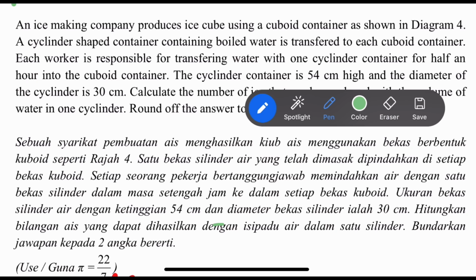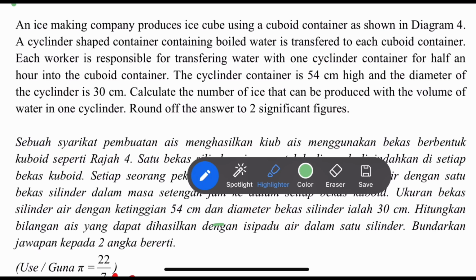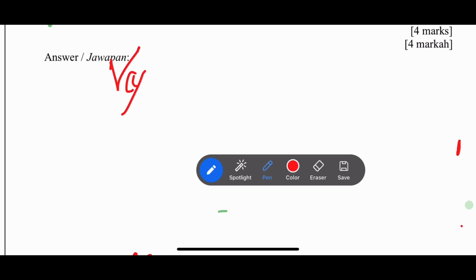Let's go through the question carefully and highlight the important keywords. Remember when you do a HOTS question: 54 centimeter high and the diameter of the cylinder is 30. So the cylinder volume is pi r square, so the radius should be 15. Calculate the number of ice. So let's start now.